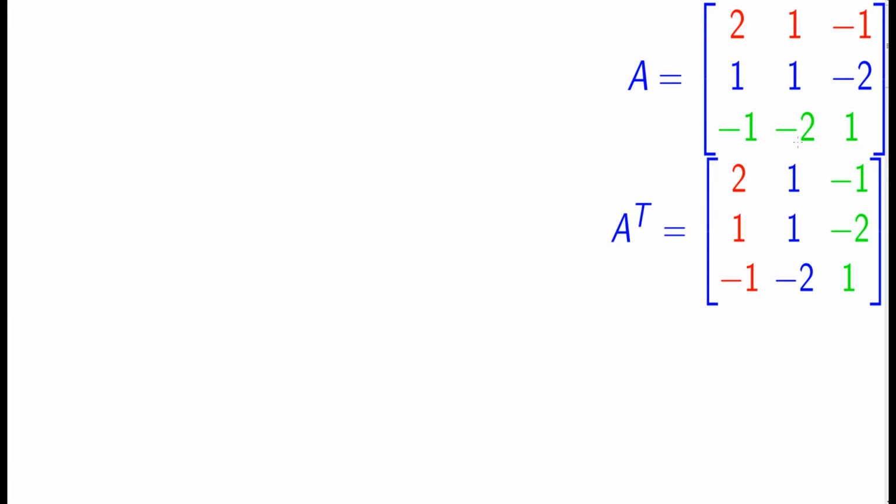Here the rows of matrix A are color coded. This is for you to easily understand how the transpose of the matrix is done.